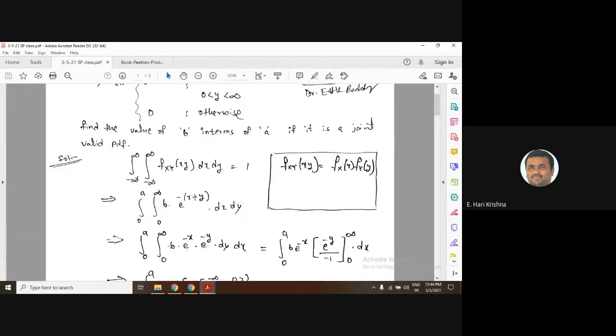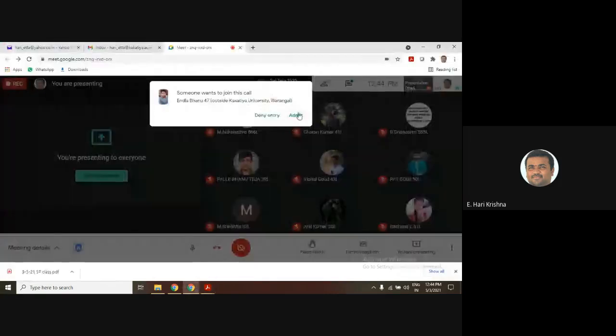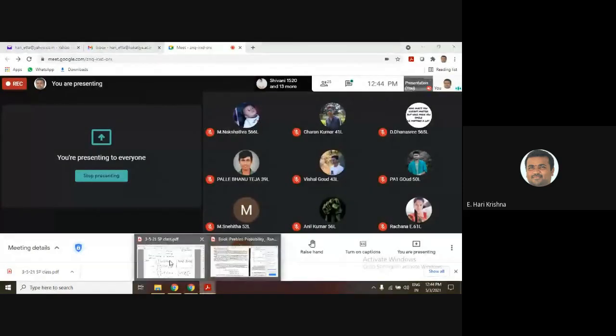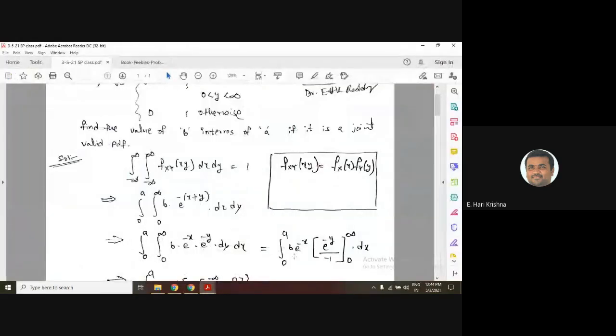While I am integrating with reference to y, b into e power minus x is constant. So that value I kept aside, b into e power minus x, and one more integral limit is there, that is 0 to a.